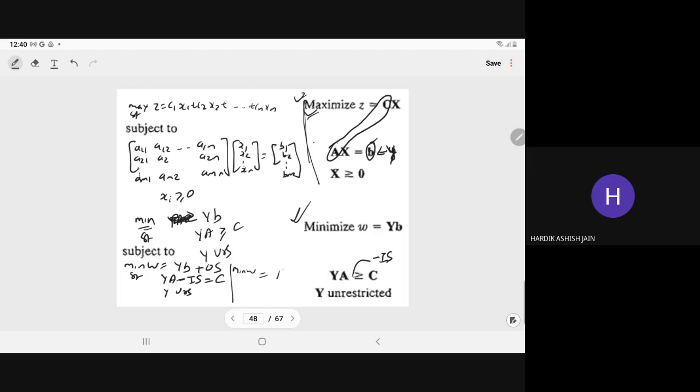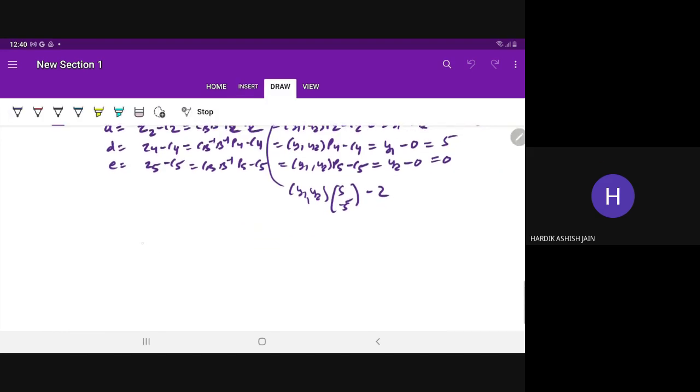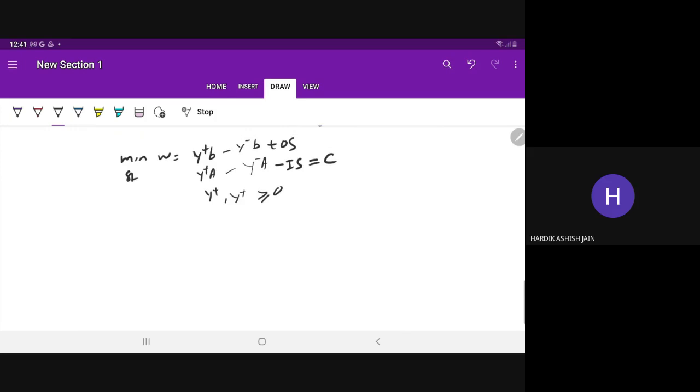So we write minimize W = Y plus b minus Y minus b + 0S subject to Y plus A minus Y minus A minus IS = C, and Y plus, Y minus greater than or equal to 0. Clear?